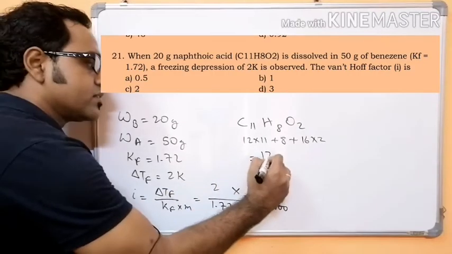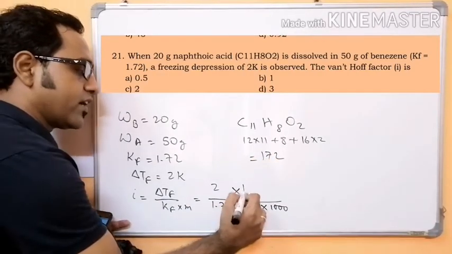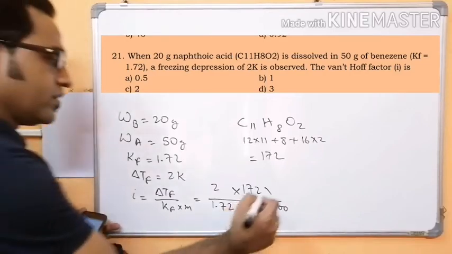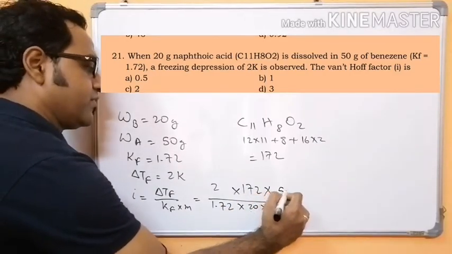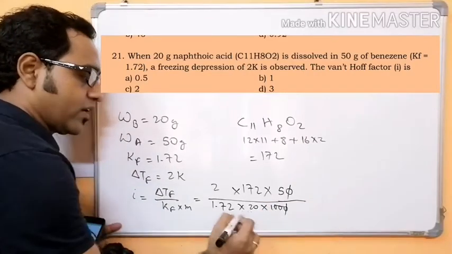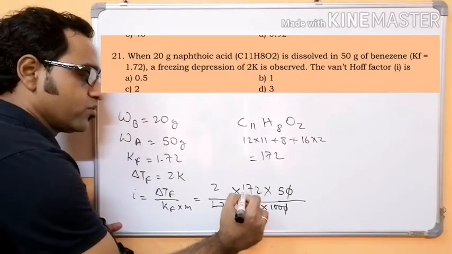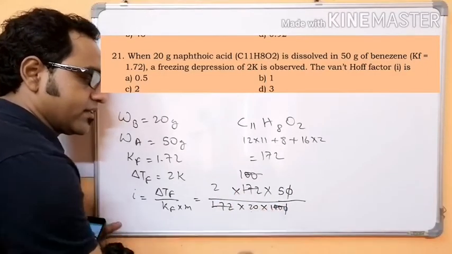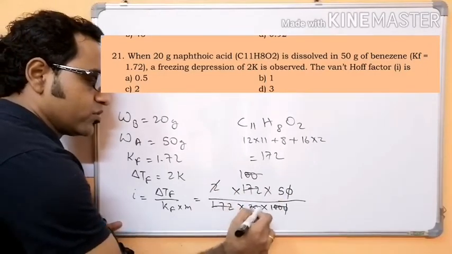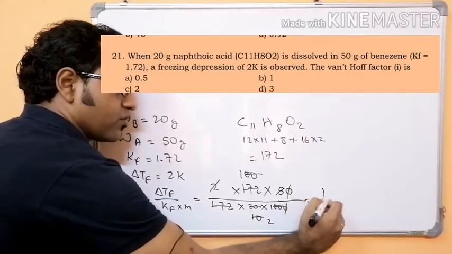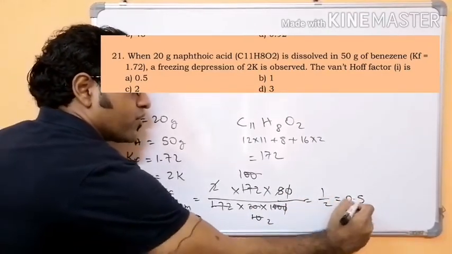So it is 172. So we will write 172, then it is 50, that is WA. So 0 cancels out, 100 cancels out, 2 into 5 is 10, so it is 1 by 2, so 0.5.